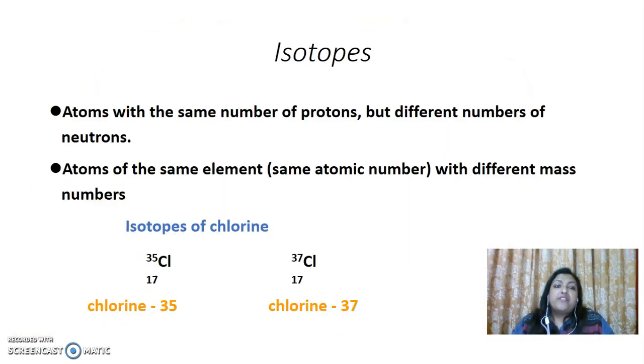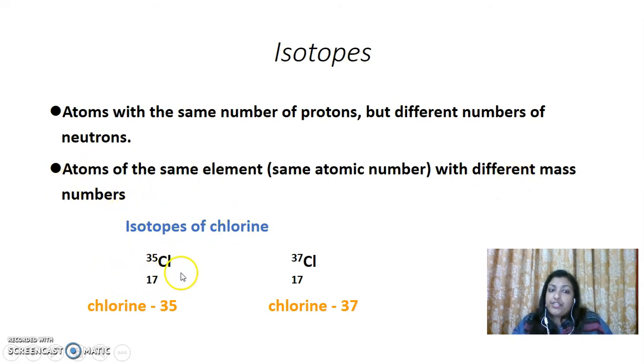Isotopes, as you can see over here, are atoms with the same number of protons. That is, the basic thing doesn't change. The proton number doesn't change, but there is a difference in the number of neutrons. So atoms of the same element, or same atomic number, but with different mass number.